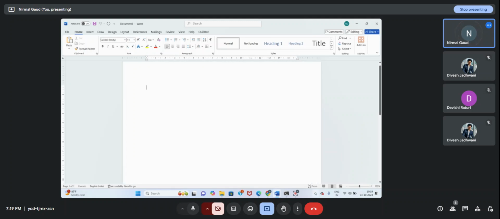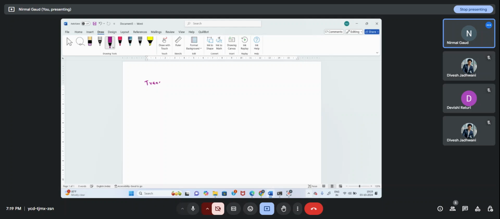So, as I said, transformer is having two components, encoder and decoder. Obviously, they are neural network.